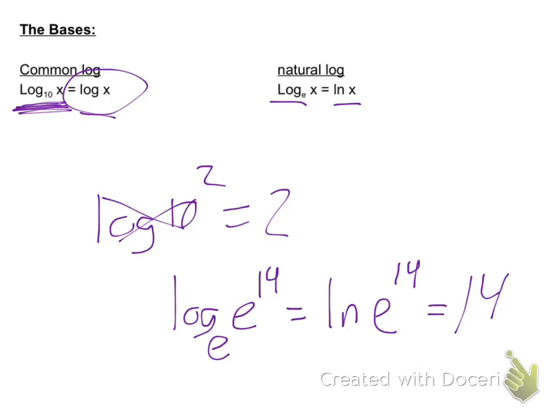The natural log and the e will cancel, leaving you with an answer of 14. So are there any questions to that? So you can see how the differences can change things. It doesn't change it. It's just written a little bit differently.